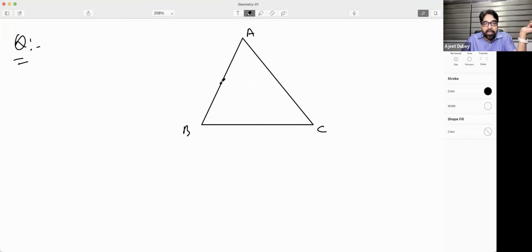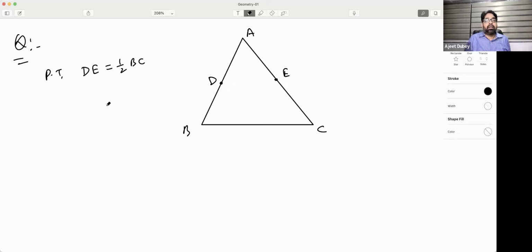If midpoints of AB and AC are joined, let's say this point is D and this is E. We have to prove that DE length will be equal to half of BC length. By geometry, it's very easy.